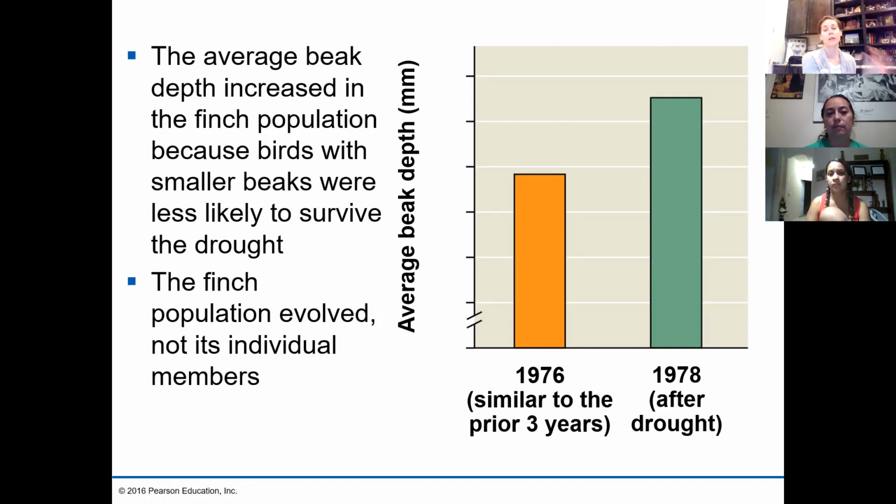The population evolved, but it didn't happen in the lifetime of one individual bird. The birds with little beaks died of the drought, their genetics no longer transferred, and they couldn't produce offspring that would live. Instead, finches with larger beaks survived, mated, and produced other finches with larger beaks, which kept getting larger and larger as time went on.